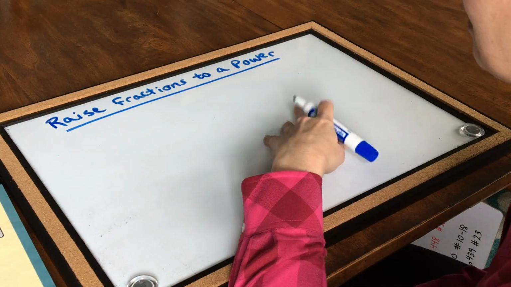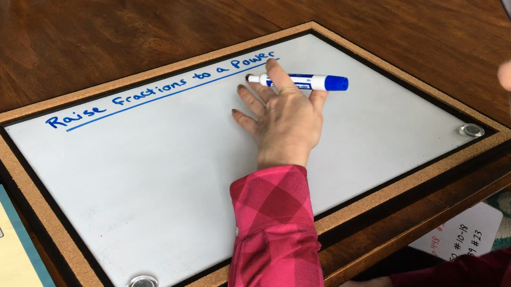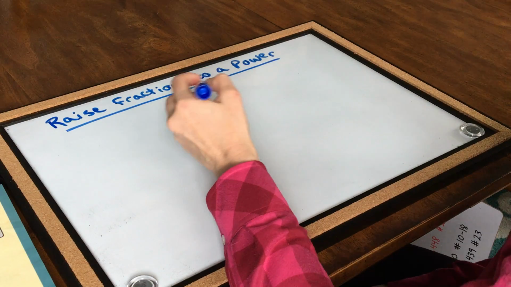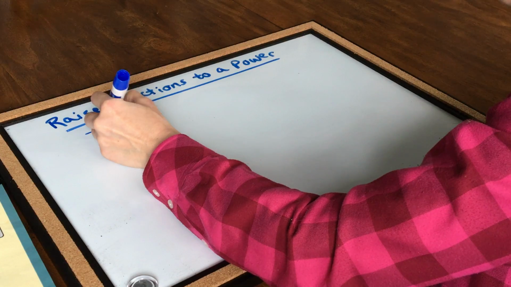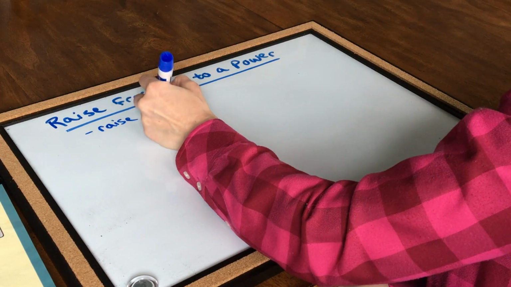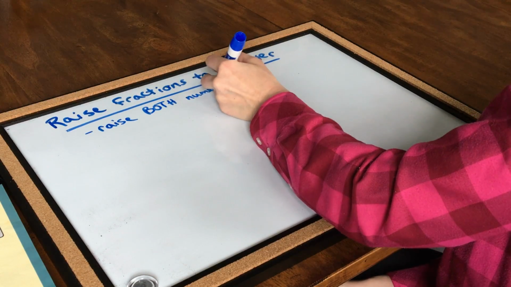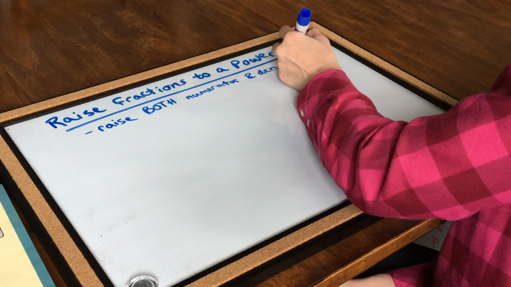And like I said, this is really not different from raising a product to a power. You just have to be careful and make sure that you raise both the numerator and the denominator to the power.